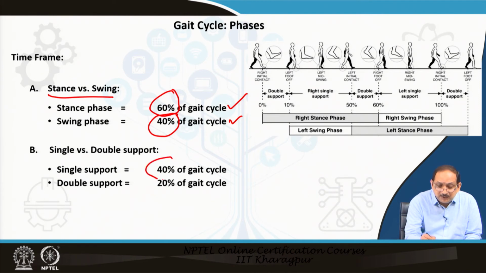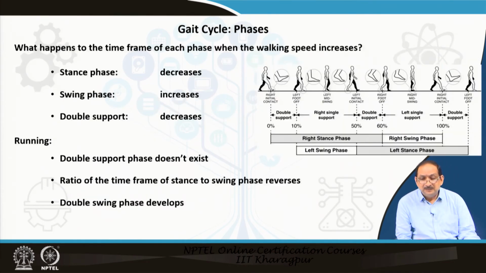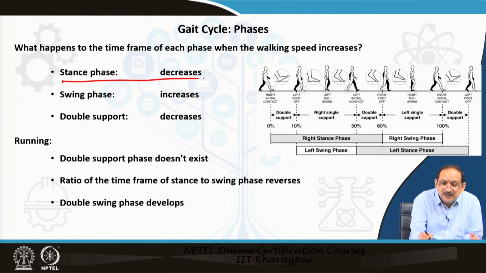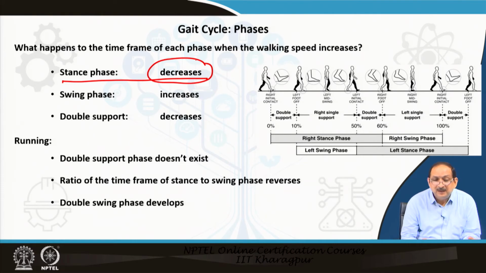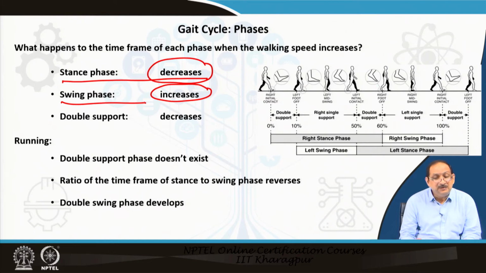The single support is about 40% of the gait cycle, and the double support is about 20% of the gait cycle. Now, what happens to the time frame of each phase when the walking speed increases? With increase in walking speed, the stance phase decreases, whereas the swing phase increases.